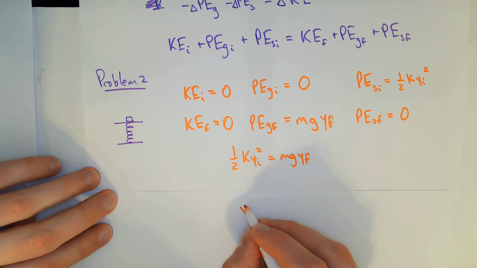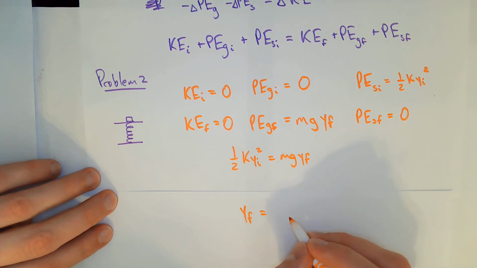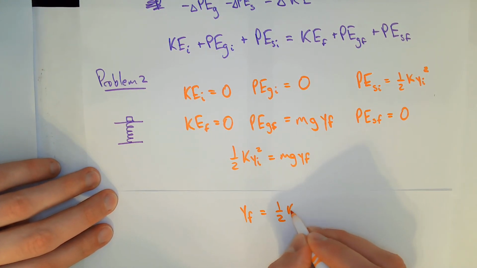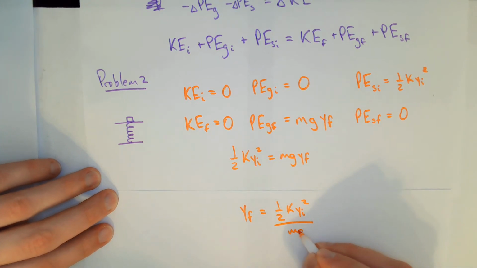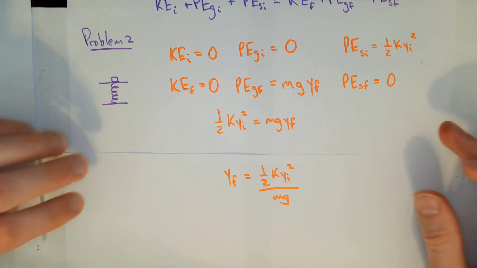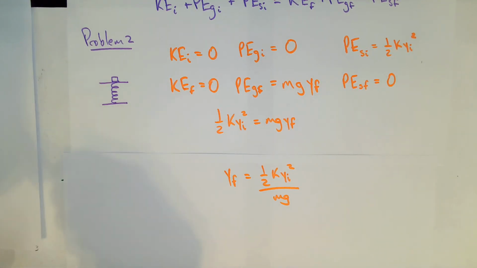Solving for y final, without plugging anything in yet, I'm getting 1/2 k y initial squared all over mg. Notice m does not disappear here, because of course the mass matters. If it's a huge mass, it'll hardly go anywhere at all, whereas if it's a really light mass, it'll go really high.